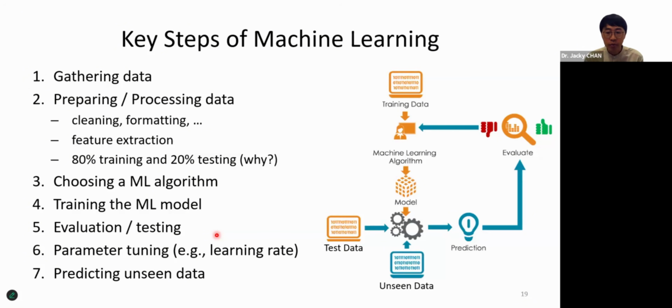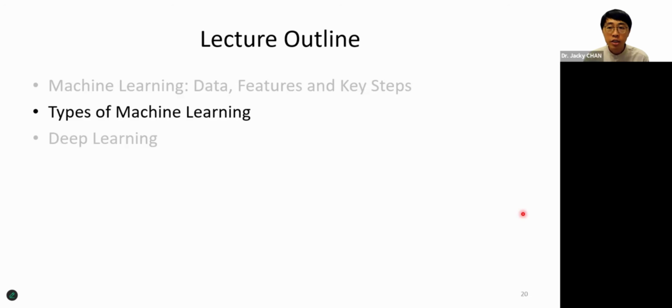And finally, we will have a suitable model, and then we can use it in production. So hopefully you now understand the key concepts of data, features, and some main stuff in machine learning. Next, we're going to discuss the major types of machine learning: supervised learning, unsupervised learning, and reinforcement learning.